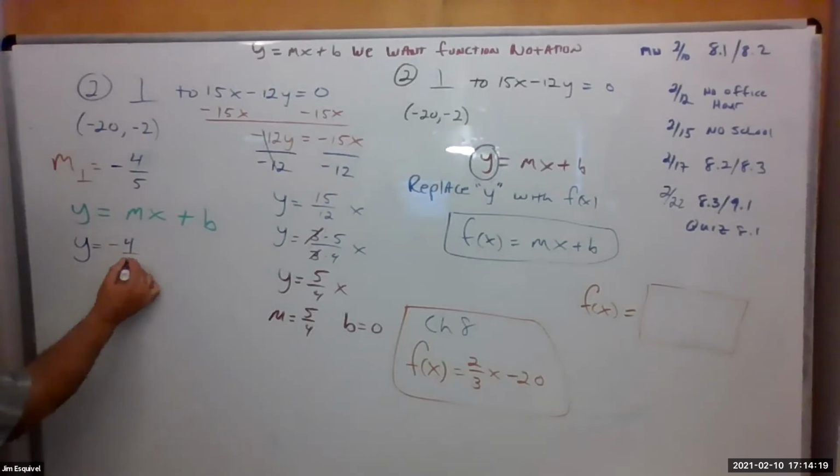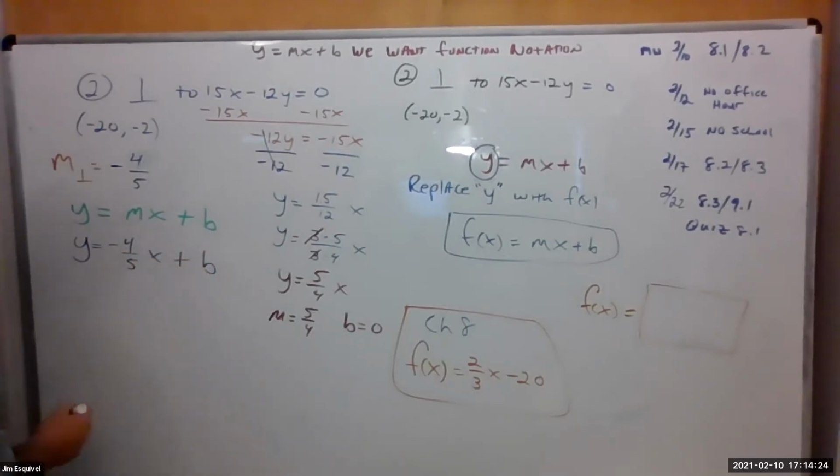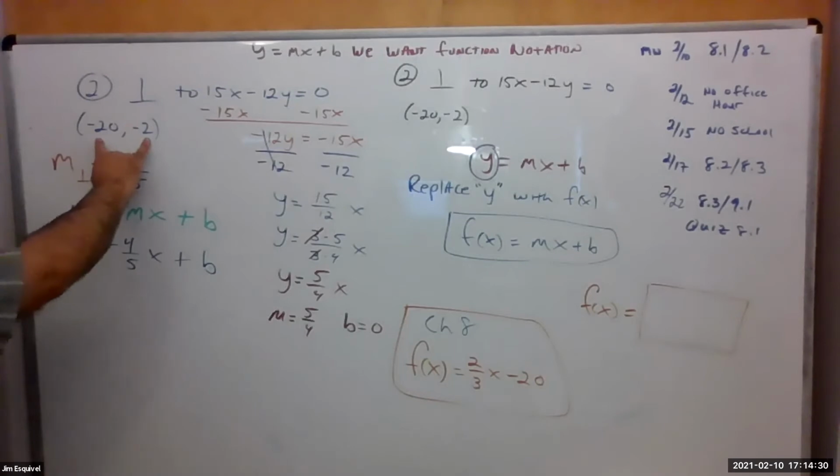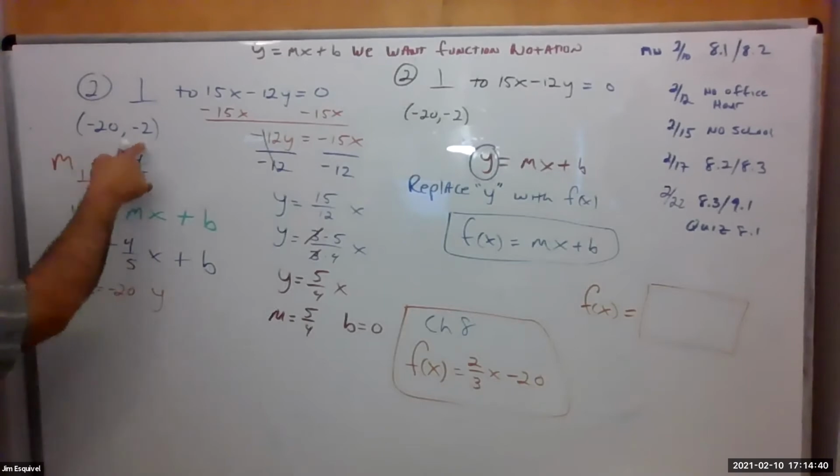Negative 4 over 5 x. Hey, all we need now is b. Find b. Plug in the x and y. X is negative 20. Y is equal to negative 2.